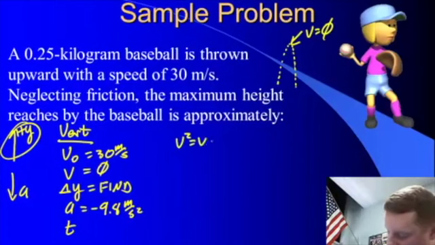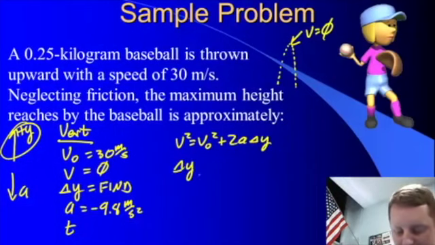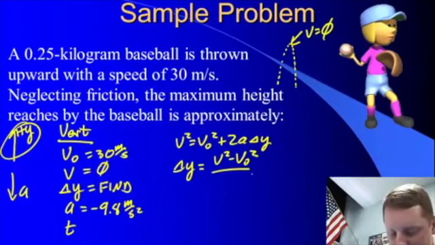V squared equals v naught squared plus 2a delta y. Rearrange this to get delta y by itself. Delta y equals v squared minus v naught squared over 2a.